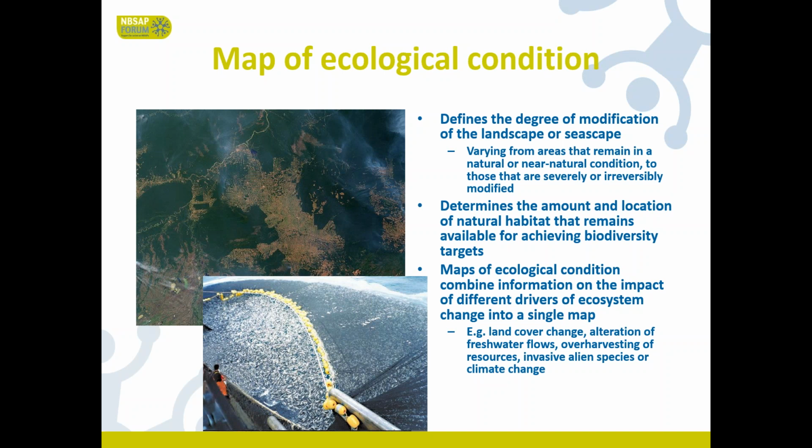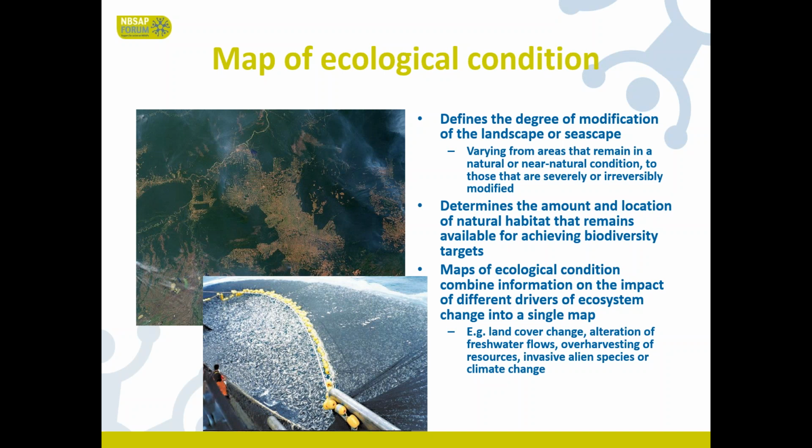And I think a key important point to highlight here is that although you can do this in either a really simple way, linked directly to something like a land cover in a terrestrial sense, or you can build it up in a very intensive and complicated way, bringing together land cover, changes in fresh water, alien species, and all sorts of other pressures and impacts.